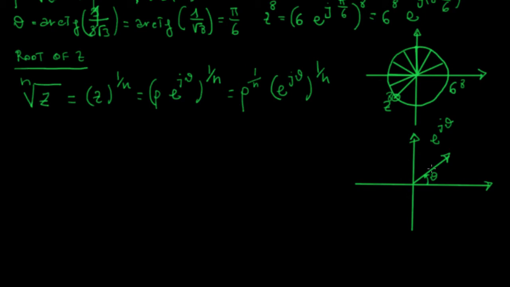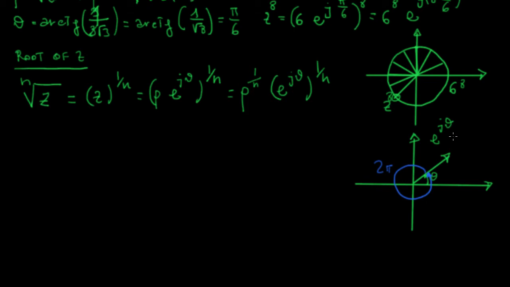Now, what happens if we add 2 pi to the argument theta? Well, nothing happens, because we exactly get back to the first position.